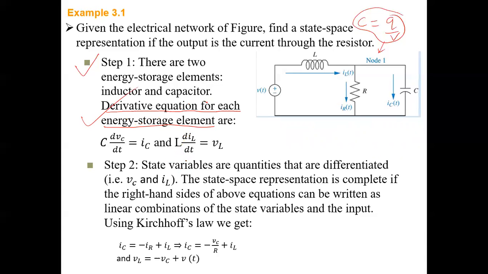So now find out the state variables. What are the state variables here? Guys, help me here. I cannot do anything without your help here. I and Q. So differentiated variables are state variables.